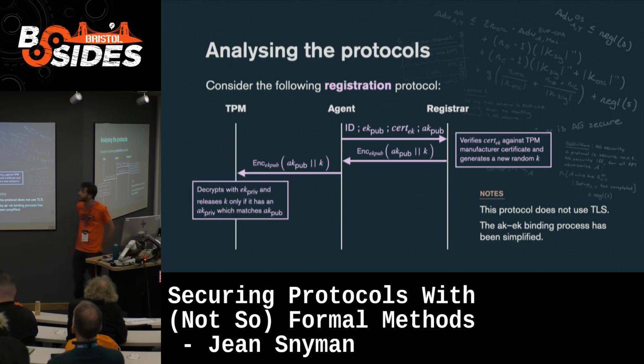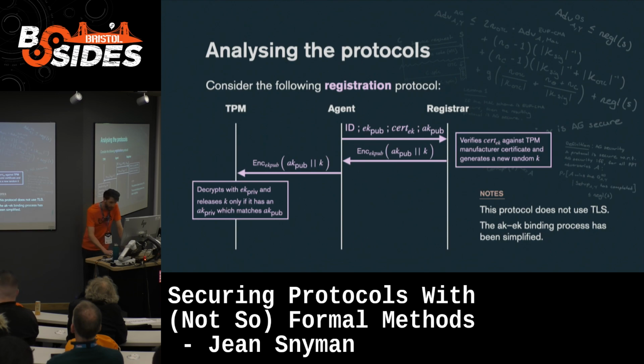This is a defined process in the TPM spec. So the TPM will decrypt the package that it's received using the private portion of the EK, right? Then it checks whether the AK contained within it is one it owns, whether it has that AK stored in its registers.